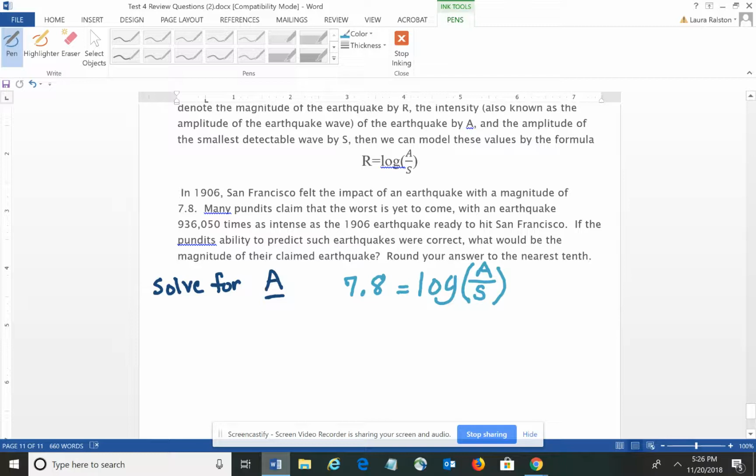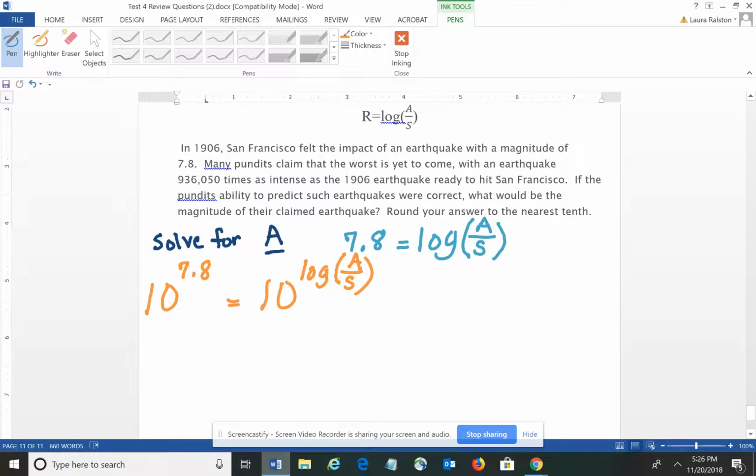So I have this equation, and I'm ultimately trying to solve for A. I need to undo the log. Because it's a log, we have the understood base 10. So I do 10 to the 7.8 equals 10 to the log of A divided by S.